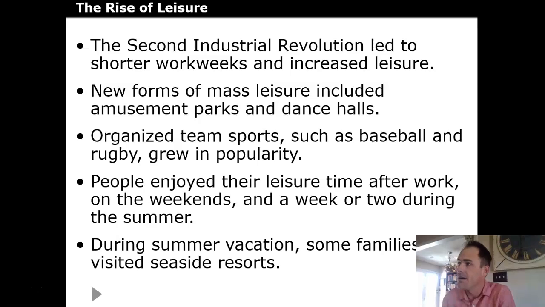So I'm a big fan of English Premier League football, soccer, and almost all of the clubs in that league date their foundings to the 1880s, 1890s, early 20th century. No coincidence, because now people have the income and the time to go and watch people play sport for a living. They also have time to go on some vacations, and they have the means to do that. All that is a result of the second industrial revolution.